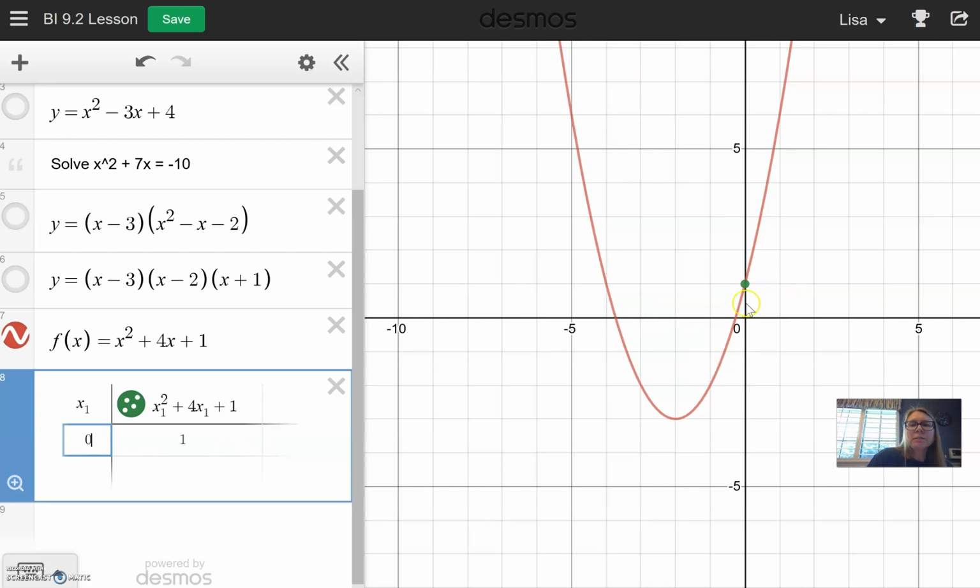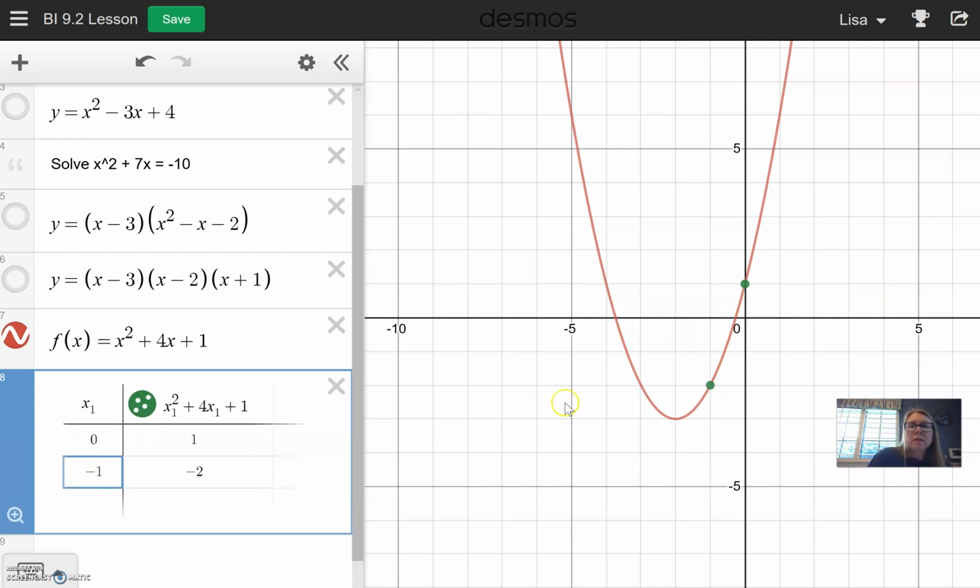So I'm trying to estimate where that lands, and it lands, I could see, between 0 and -1. So if I put in -1 right here, I get 2. So it's not giving me, I know my value is between these two. So I need to kind of squeeze and estimate and get closer to that. So I can do that by kind of guessing and checking and getting closer.